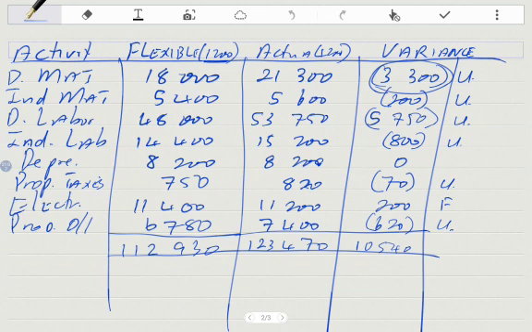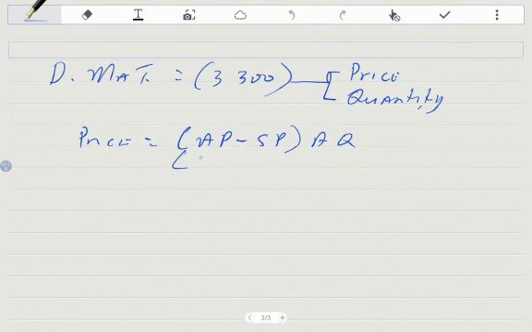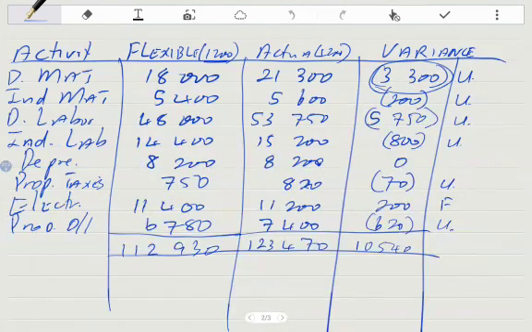Take that 21,300 divided by 1,200. Then it will show you that, okay, the actual price of the material is 17.75. Standard price: when we talk of the standard price, it is what we've planned. So in other words, it's going to be your 18,000 divided by 1,200 units again. So this is the planned one.